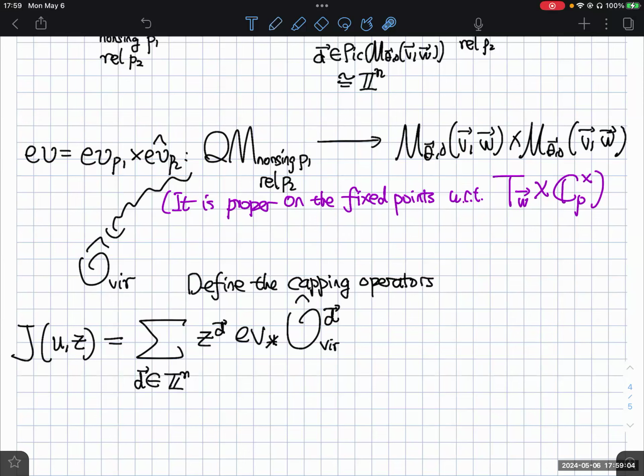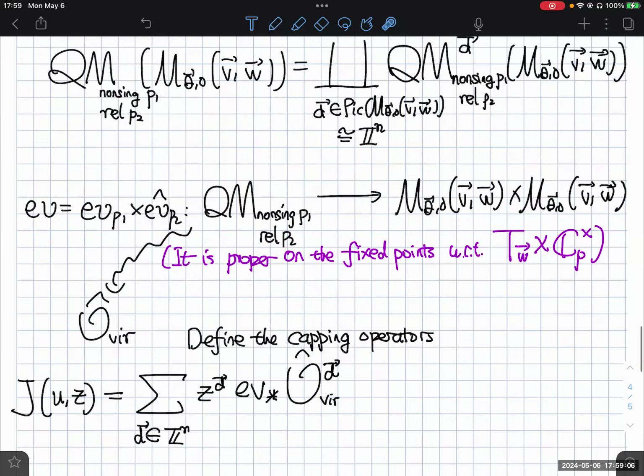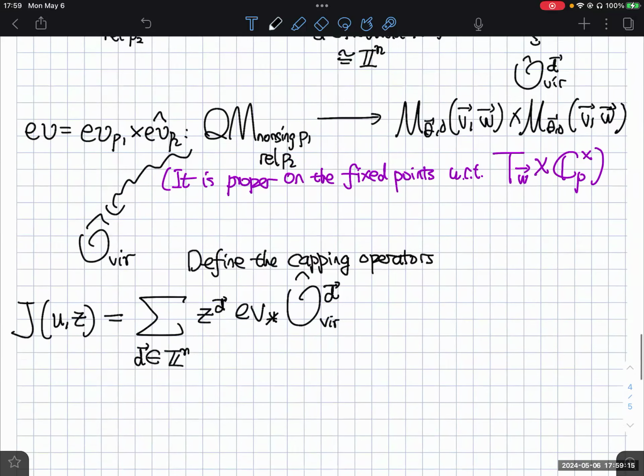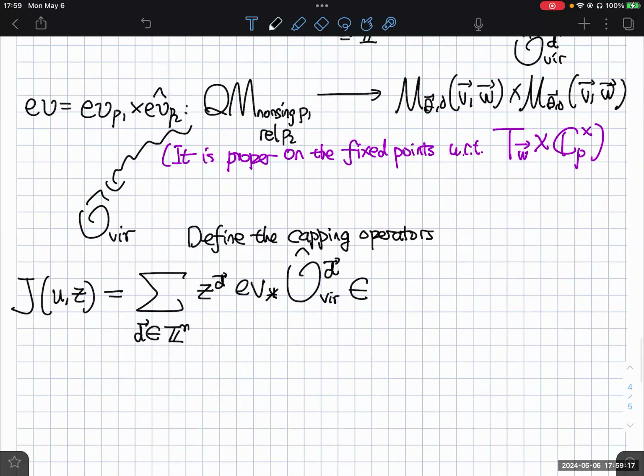This OD means it is the virtual fundamental shift with respect to the component of D. So you can see that this is an object in here.